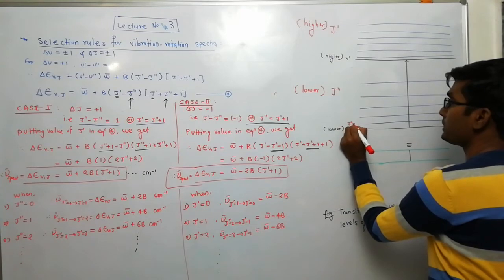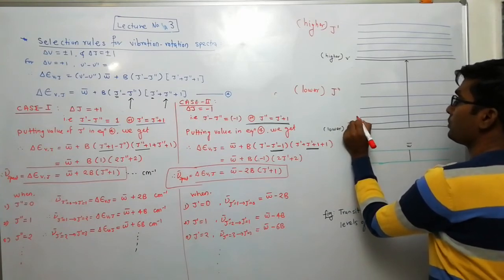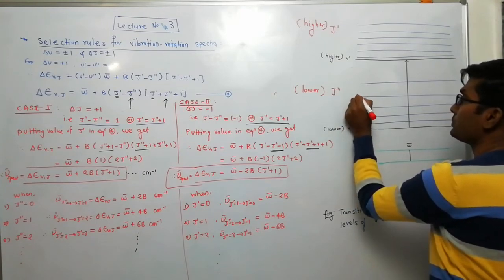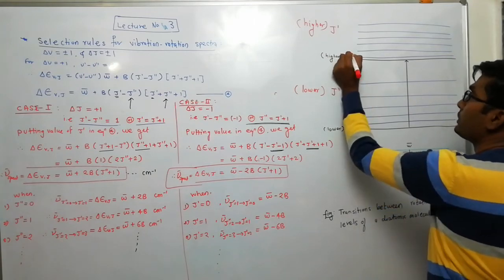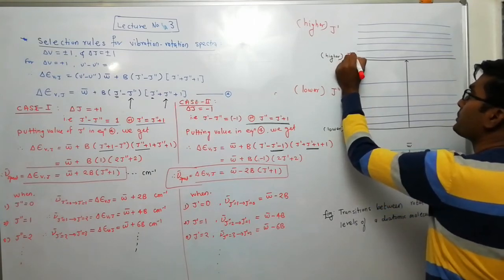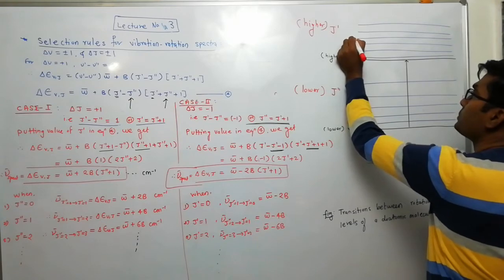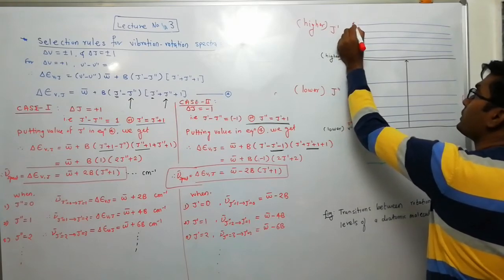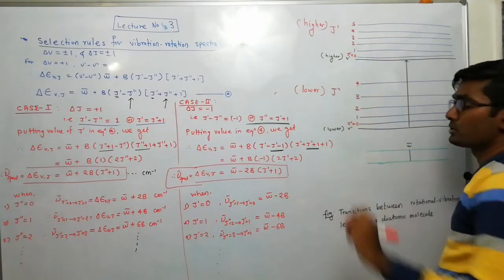J double prime is equal to 0, 1, 2, 3, 4. Here J prime equal to 0, 1, 2, 3, 4 and 5 and so on.